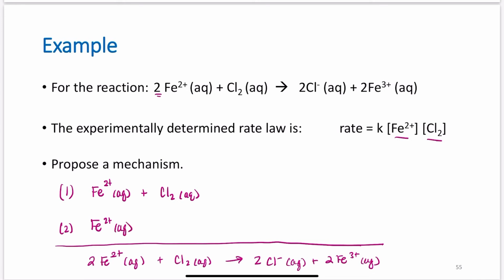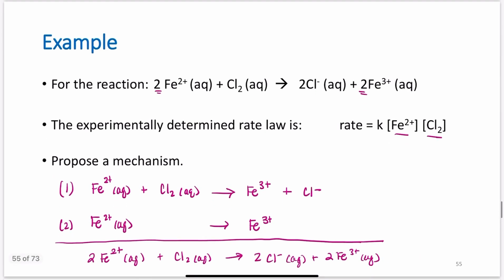Then what's going to happen? Well, Fe2+ plus Cl minus, I know I need to make some Fe3+. I only have one Fe here, so there can only be one Fe3+ here. So there must be an Fe3+ here as well, because I've got two of them here. I've got to be able to produce some Cl minus because I've got two of them here.